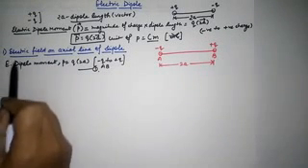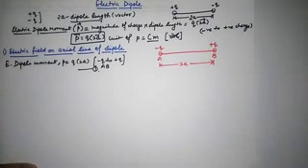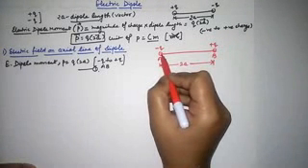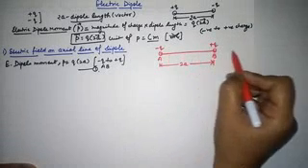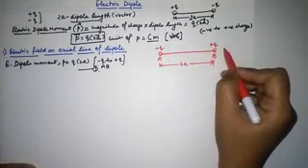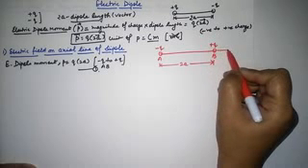Now we have to derive the expression for electric field on the axial line of the dipole. For this we consider the axial line, that is acting along the axis of this dipole, the line joining the centers of these two charges. So this is the axial line.